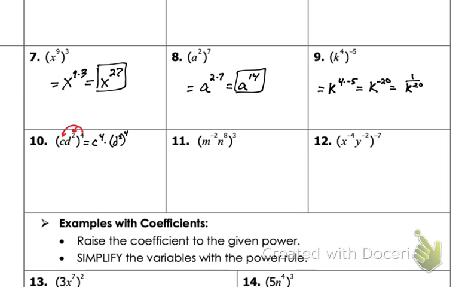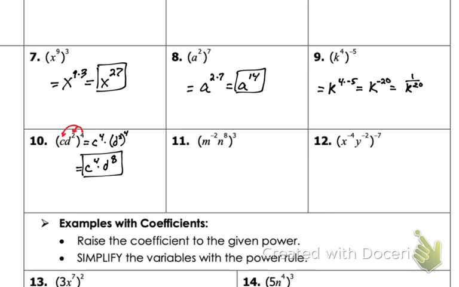It kind of multiplies, but it's not quite multiplication because it's not a multiplication problem. It's a raising of power. So c gets raised to the power of 4, and d squared gets raised to the power of 4. But when you're raising a power to a power, you multiply. So this answer is going to be c to the 4th times d to the 2 times 4, which is 8. And that's our final answer.